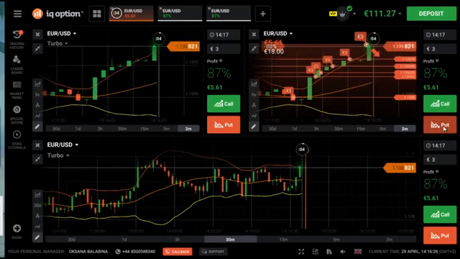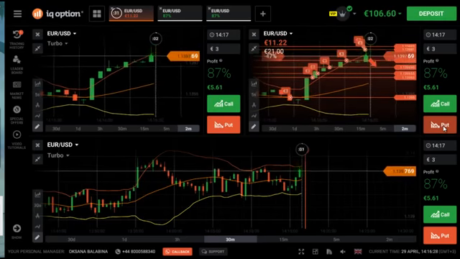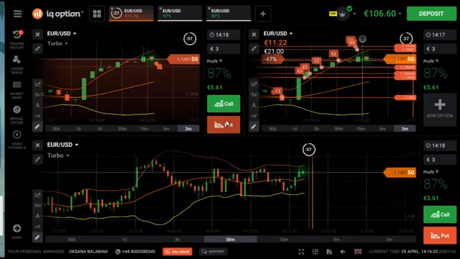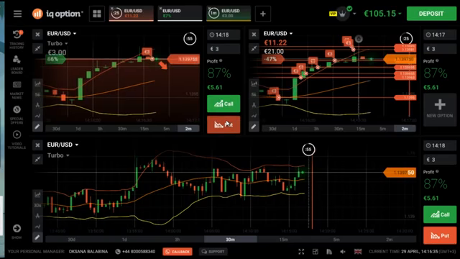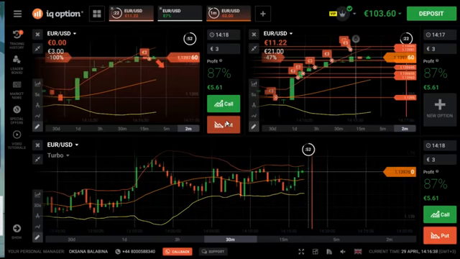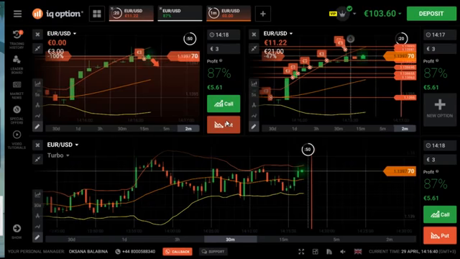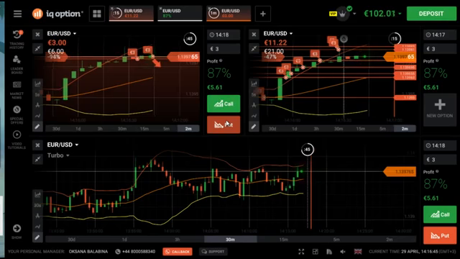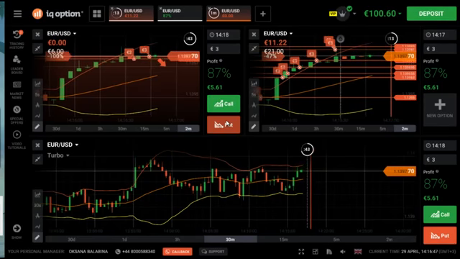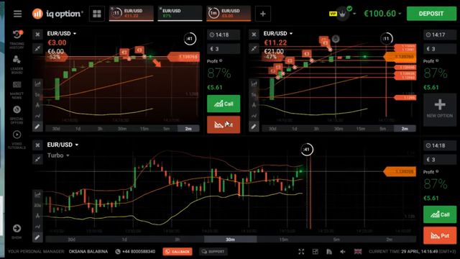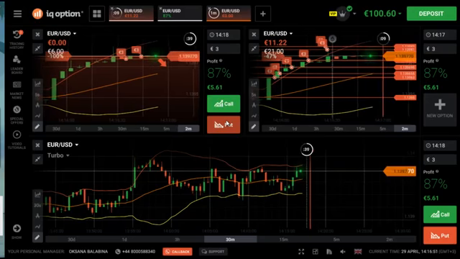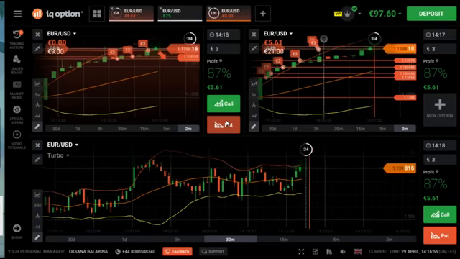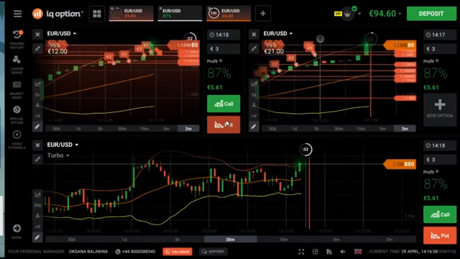Now the green is growing pretty strongly, so I'm not sure if this reversal will work or not. I'm following it up on the first window as well because there's not enough time for the candle to fall on the second window. Maybe I'm going to win a few positions here if I'm lucky, or I lose them all.